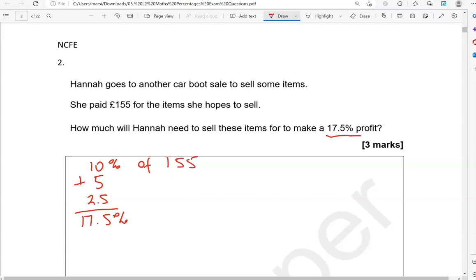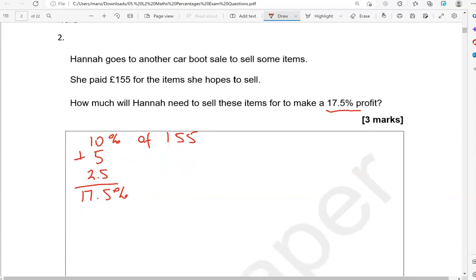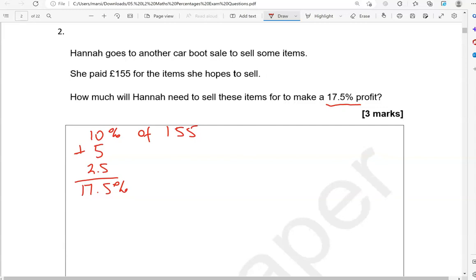Now 10% of 155. How do you work that out? Again, the 10% method is that of dividing the number by 10. Because if I just represent it here quickly, 10% will be one of these squares, could be anywhere.